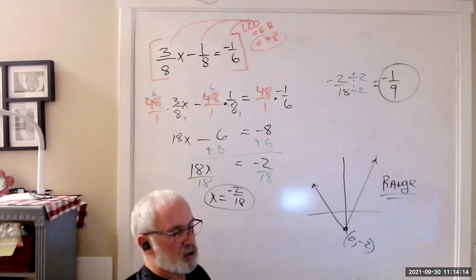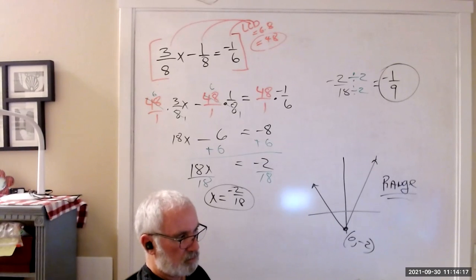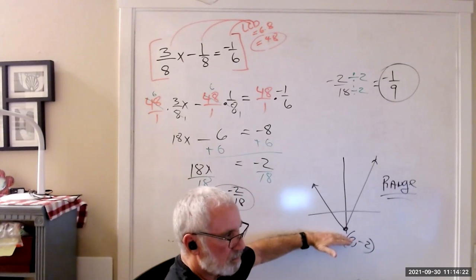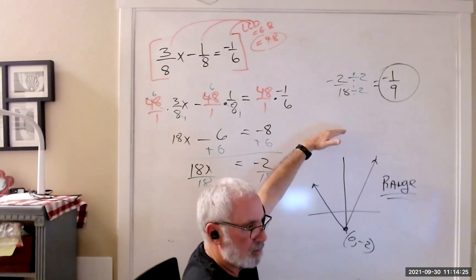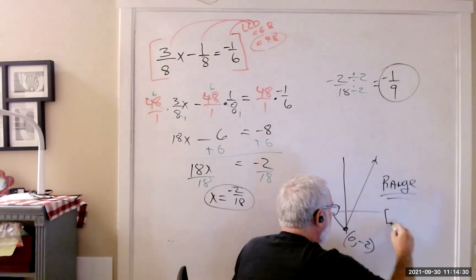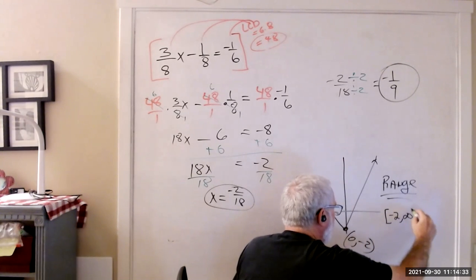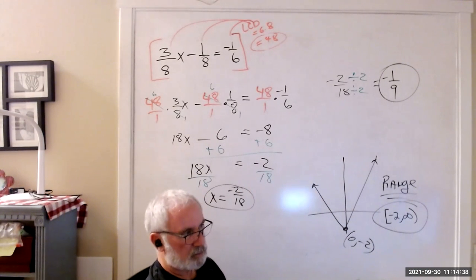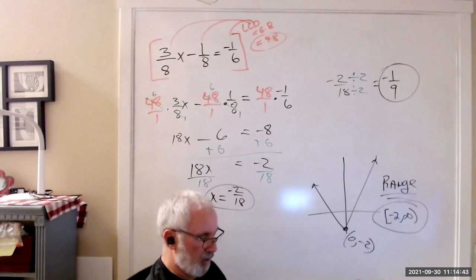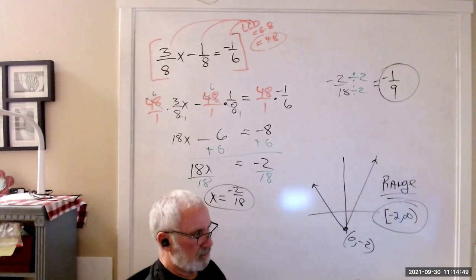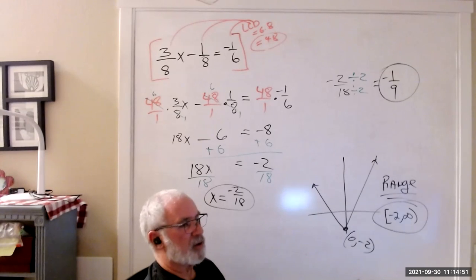Well, the range means all the y values. The y values start at -2 and go on forever up. So the range would be bracket -2, comma, infinity. That's how we've been doing it in class, and that's how I'm going to do it if I ask this question on the exam. Is that okay? Yeah. And don't worry about that number 25.